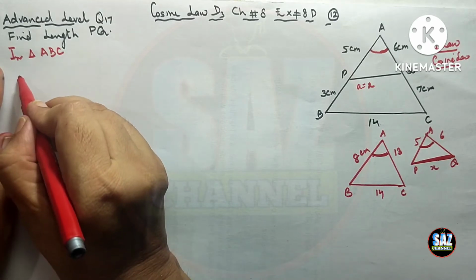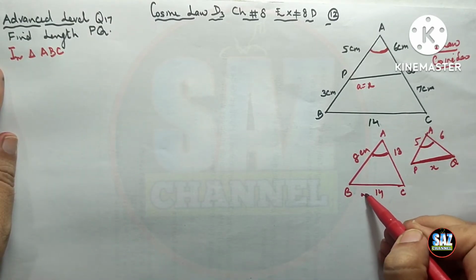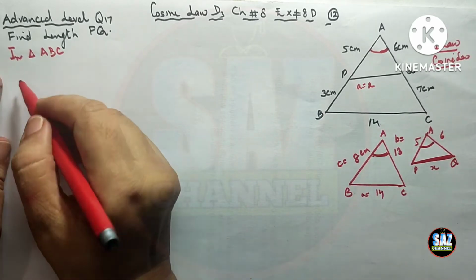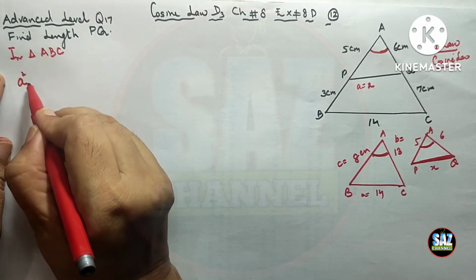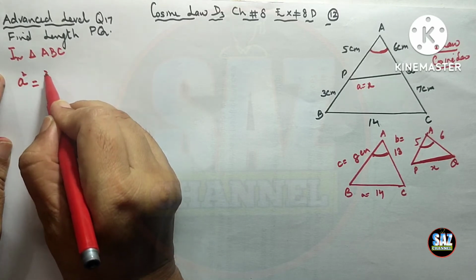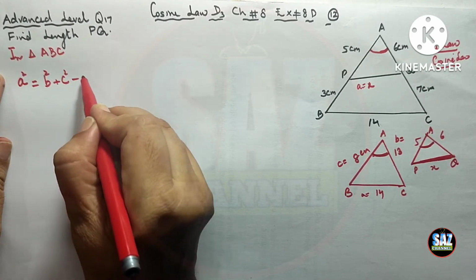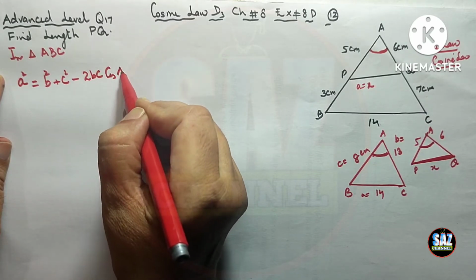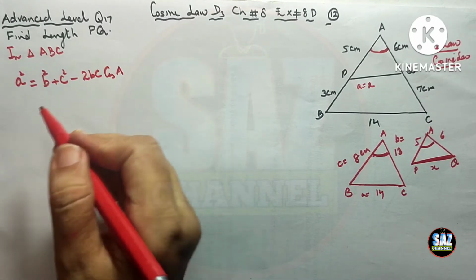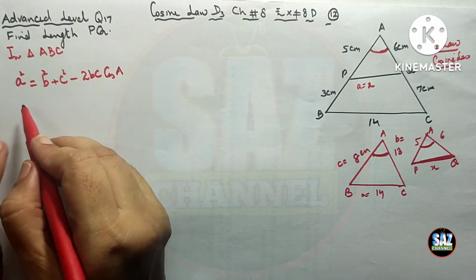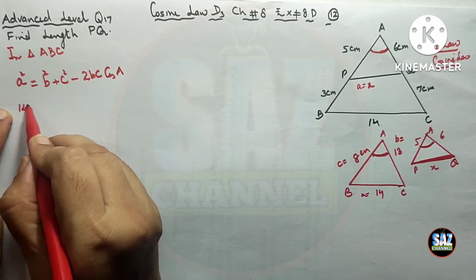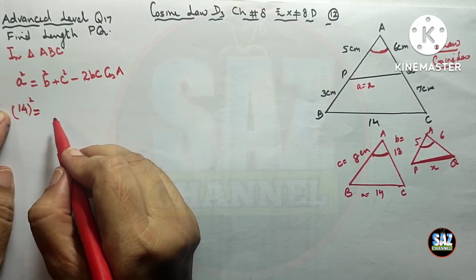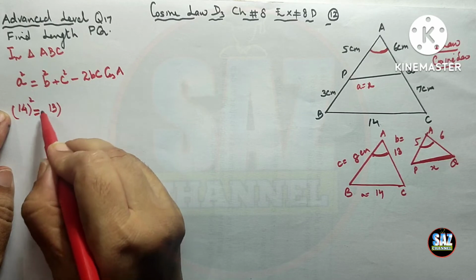So a square, this is a, this is b, and this is c. a square equals b square plus c square minus 2bc cos of angle A. And now I have the value of a, which is 14 square. b has the value 6 plus 7, which is 13 square.